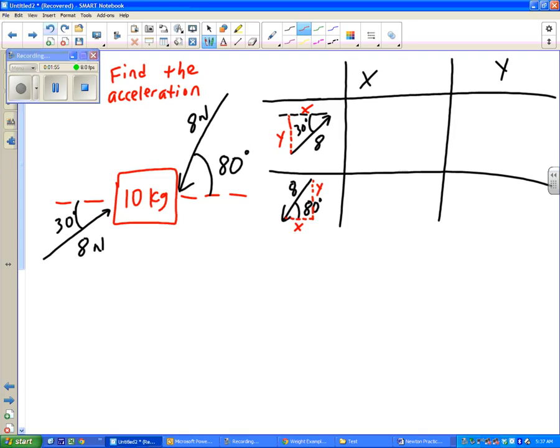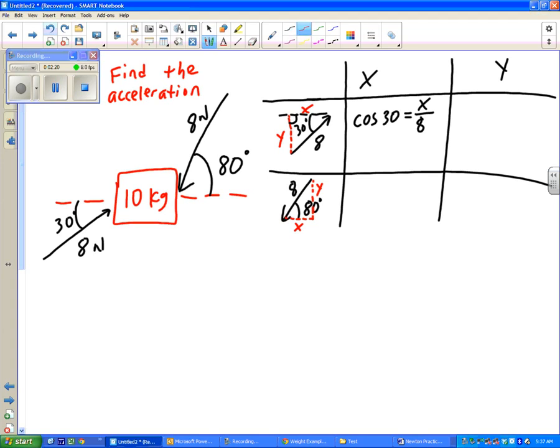And so we can use our trig functions, sine and cosine, and we could say for the x part that cosine of 30 degrees, our angle, is equal to the adjacent over the hypotenuse. So the adjacent to the 30-degree angle is our x, and our hypotenuse, because the right triangle's over here, the hypotenuse is 8.